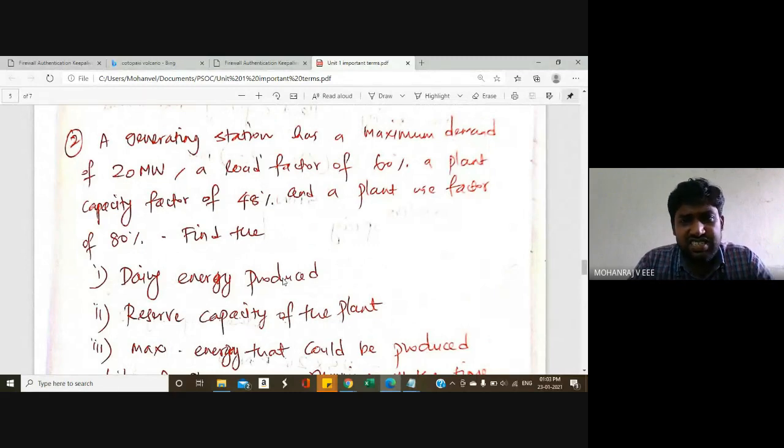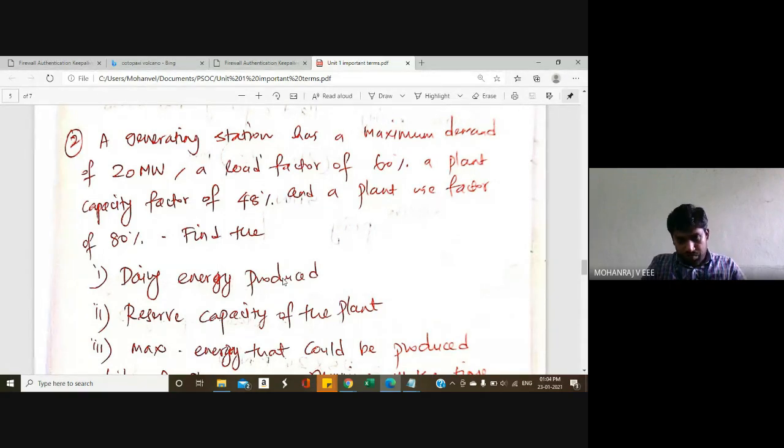A generating station has a maximum demand of 20 megawatts, a load factor of 60%, a plant capacity factor of 48%, and a plant use factor of 80%.